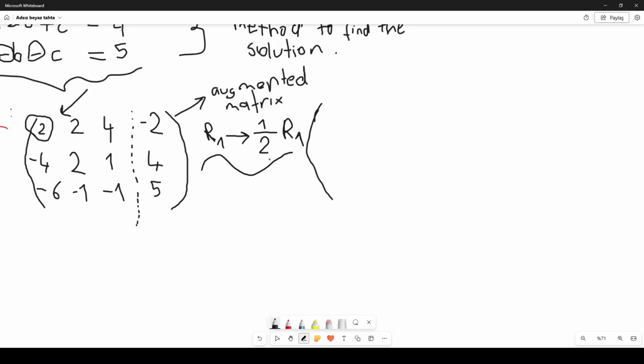So multiplying by 1/2, I got what? Let's write it down. 1. I multiply both coefficients here by 1/2, right? So I got 1 here, 1 here, 2 here, and -1 here. Okay.